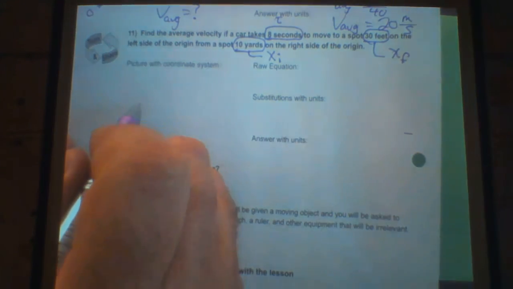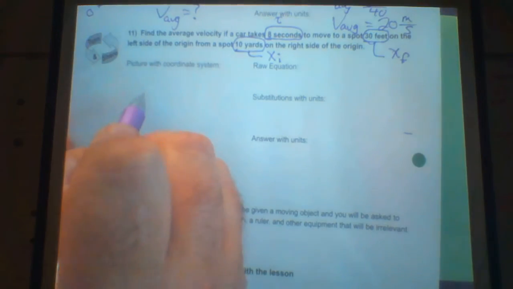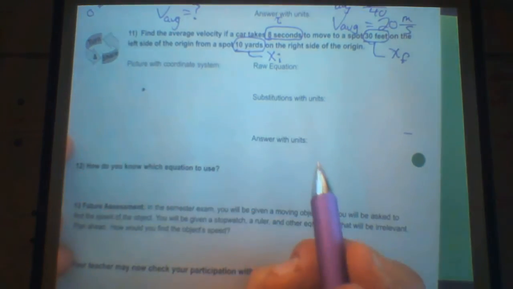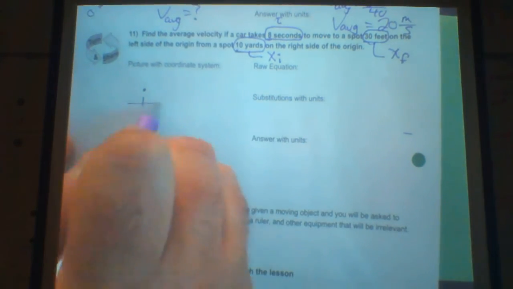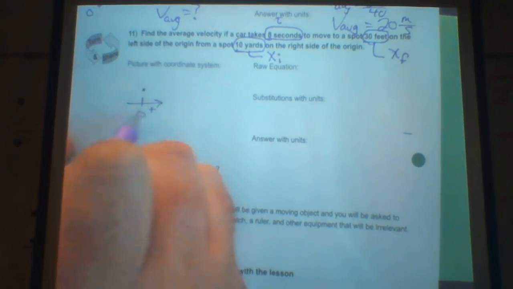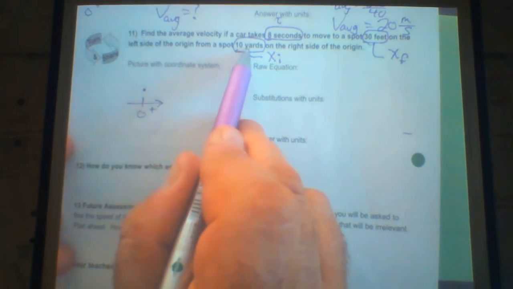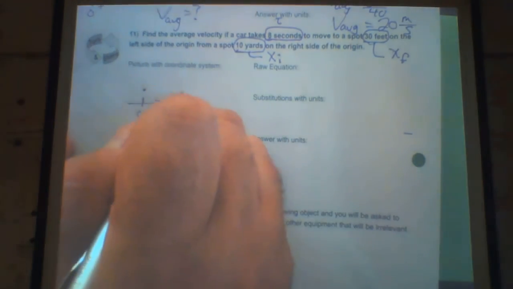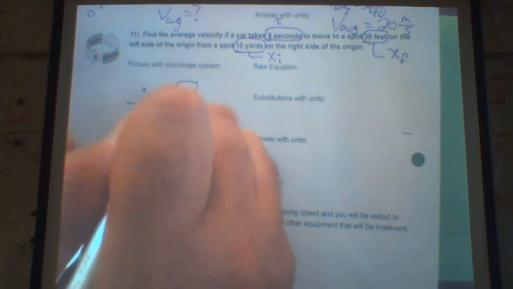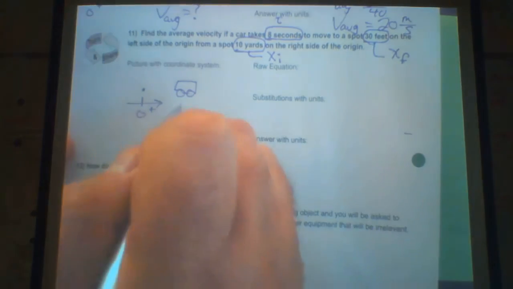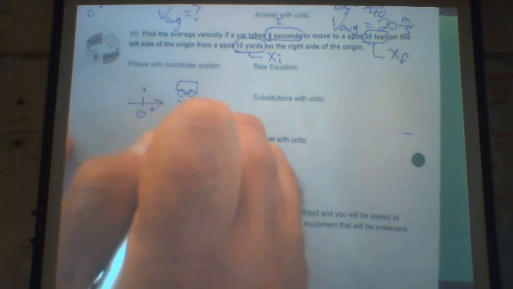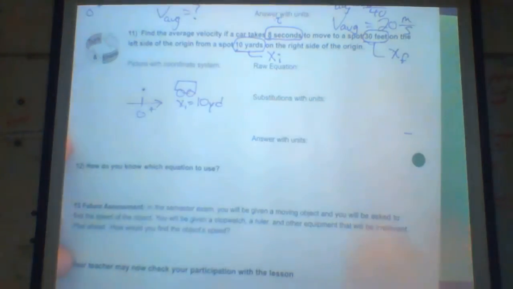Okay, let's see here. We have just simply a spot that things are measured from. So I'm going to have that spot, and that's the origin, positive that way. We're moving from a spot 10 yards on the right side. So here's my car. That is x sub i is 10 yards.